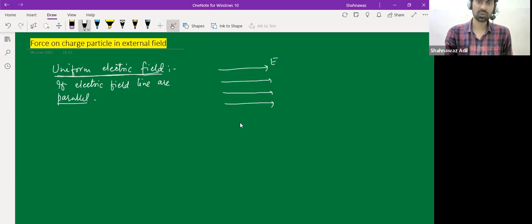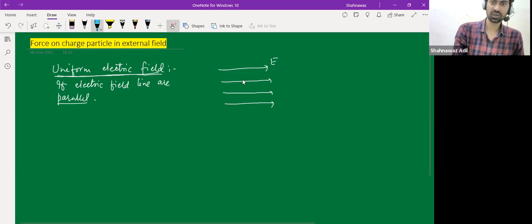Okay, guys. And what we do is put a charge in this external electric field, right? So we put some charge here. If I put a positive charge, it will experience a force in this direction, which is equal to QE, right? Understood, guys?